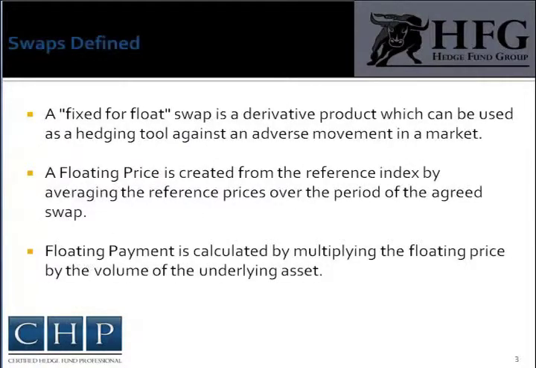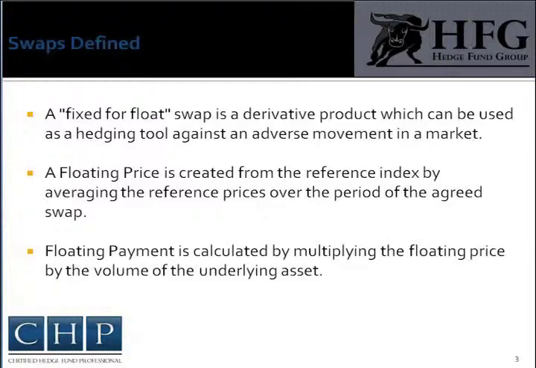A fixed for float swap is a derivative product which can be used as a hedging tool against adverse movements within the capital markets. The components of a swap include a pricing index, such as the Chicago Mercantile Exchange future price, which constitutes the floating price for an interest rate product or currency.